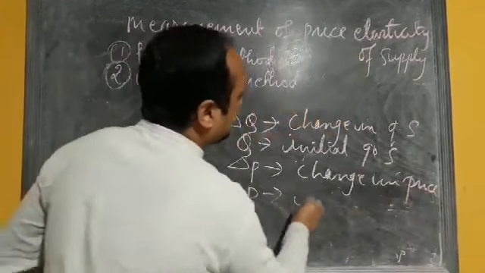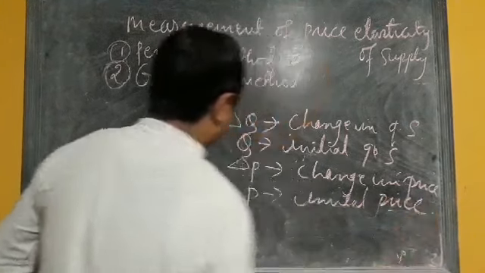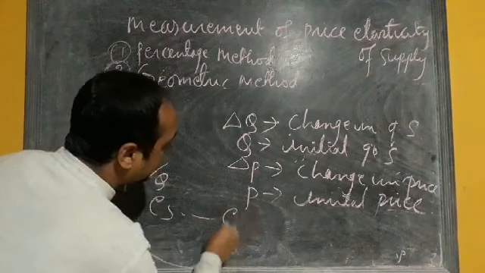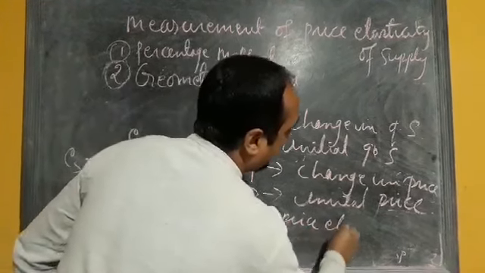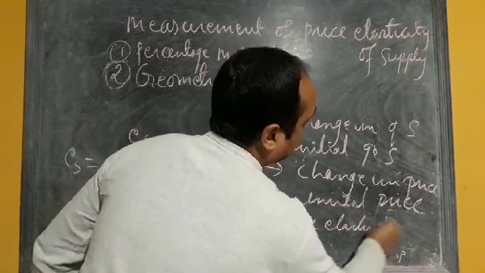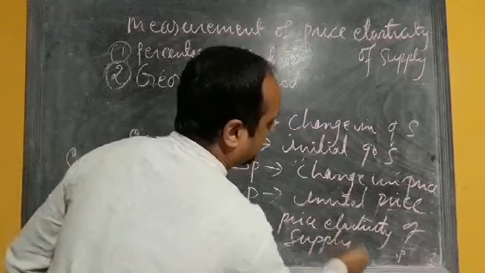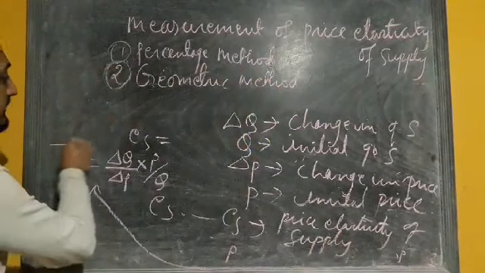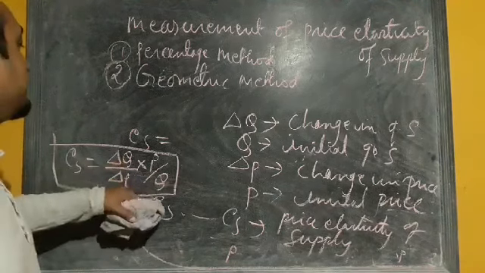P is the initial price, and ES represents price elasticity of supply.